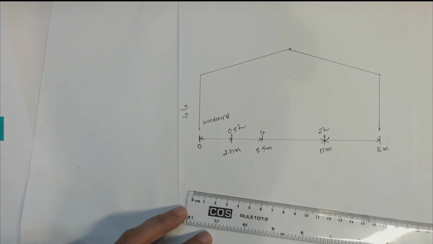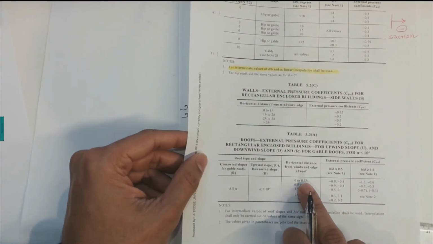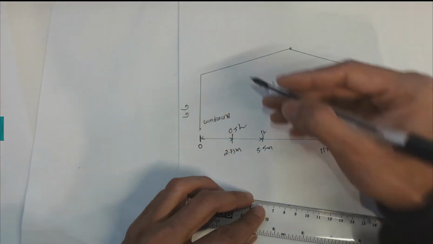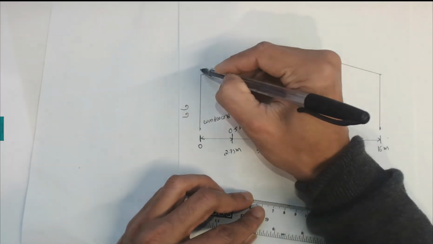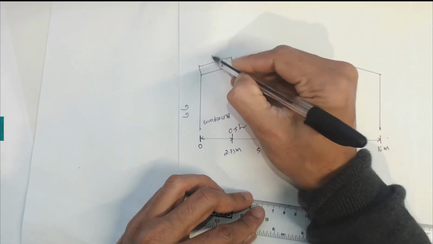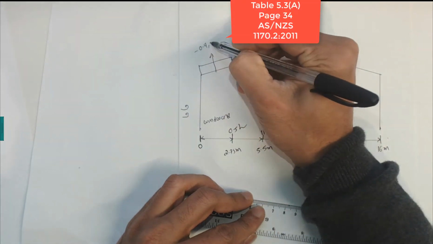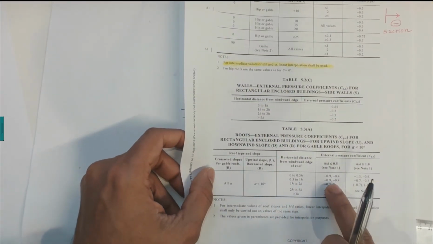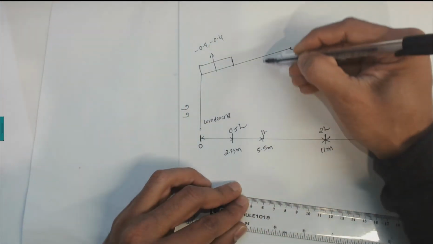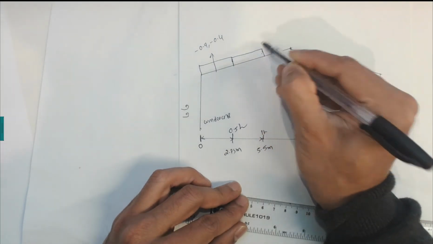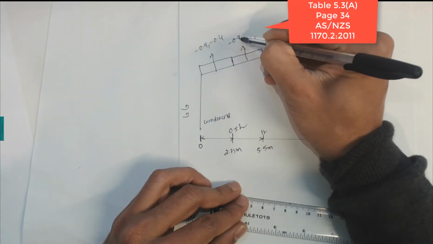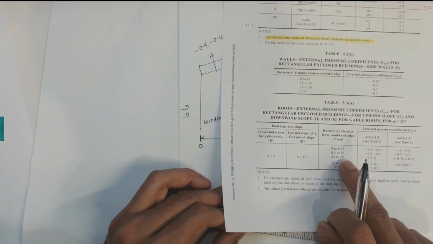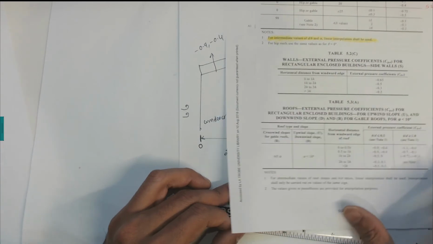Now the first section, between 0 and 0.5h, has a CPE value of minus 0.9 to minus 0.4. So from this portion to this portion we have minus 0.9 to minus 0.4. The second section, from 0.5h to 1h, has the same value, minus 0.9 to minus 0.4. The third section, 1h to 2h, has a value of minus 0.5 to 0.